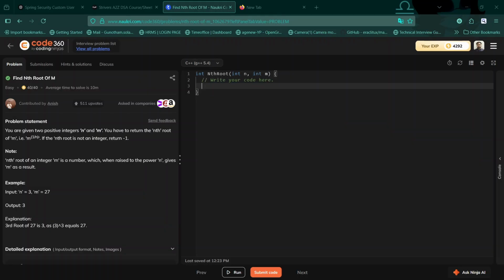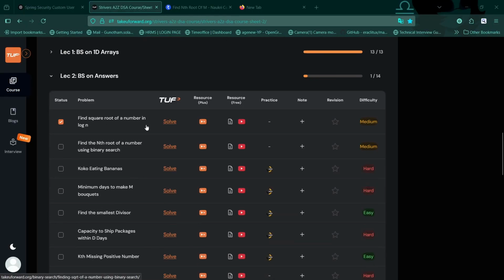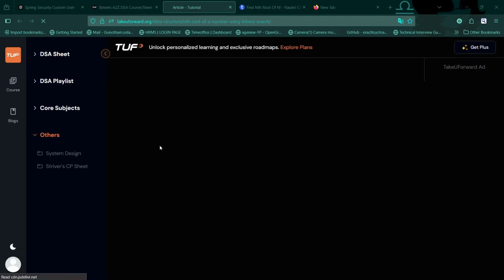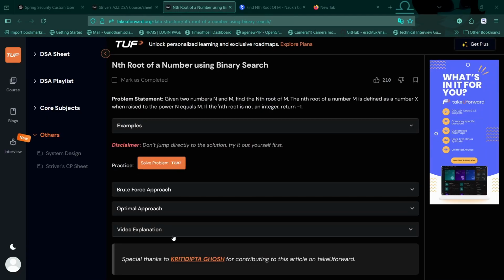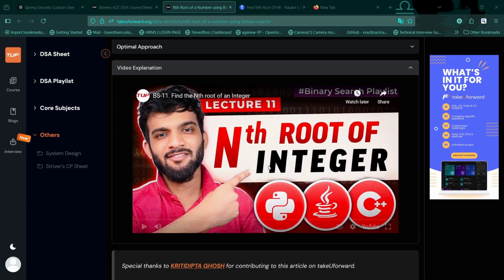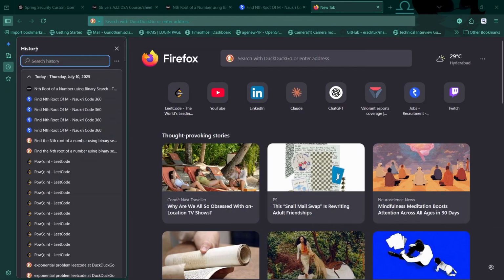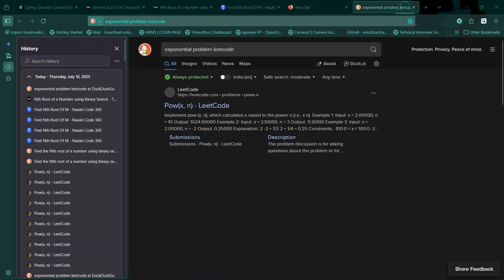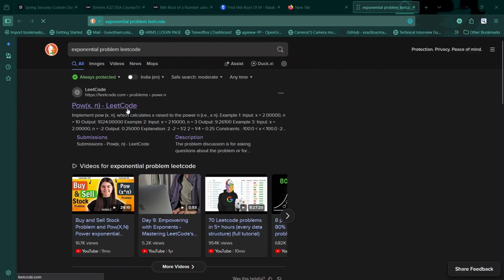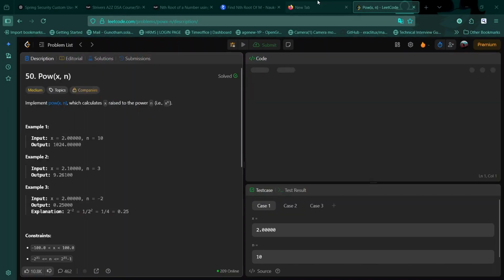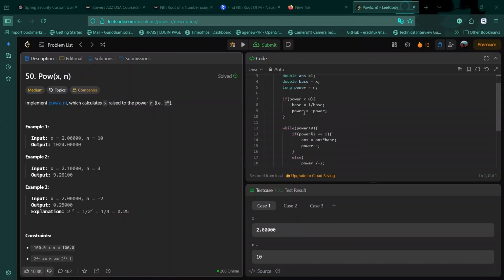There's another way of finding the nth root of a number, which is called, I'm not sure. Okay, it is called exponential solvation, something similar to this, where we can reduce the number of iterations.